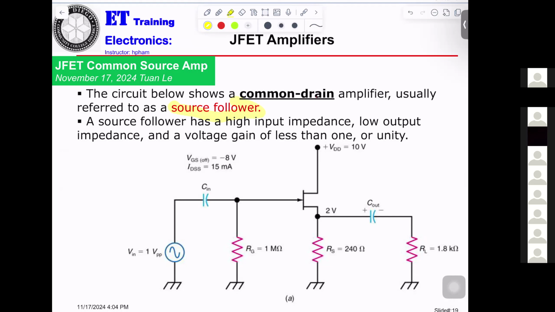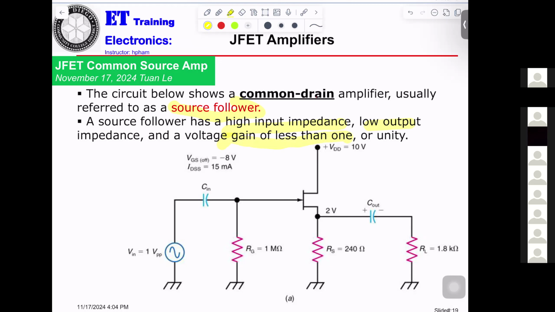Source follower has a high input impedance, low output impedance, and a voltage gain of less than 1. You see that? Not much gain. So when you're looking into the circuit, you know this is a common drain or source follower amplifier.